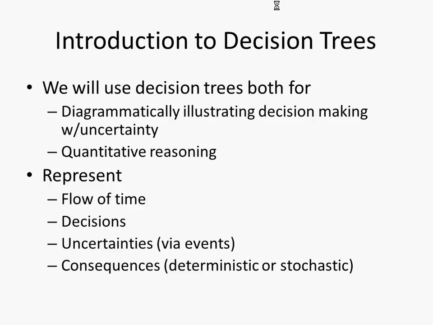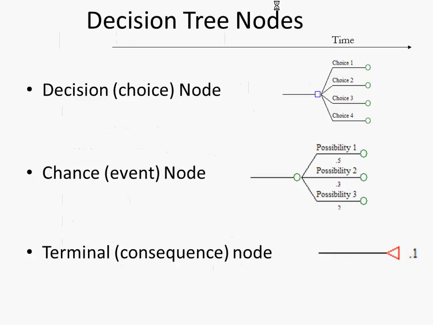Okay? There's going to be 3 types of nodes within these trees. The trees are going to consist of nodes connected by arcs, by links. And there's 3 types of basic nodes we're going to be talking about.